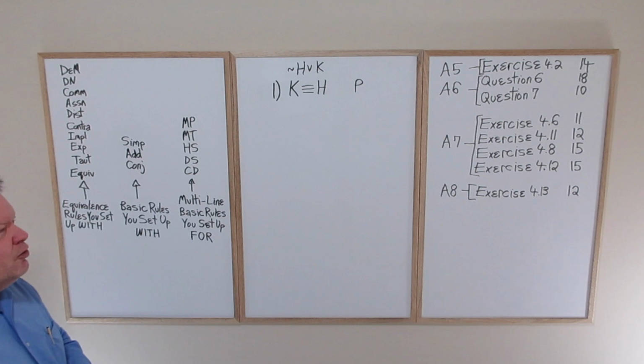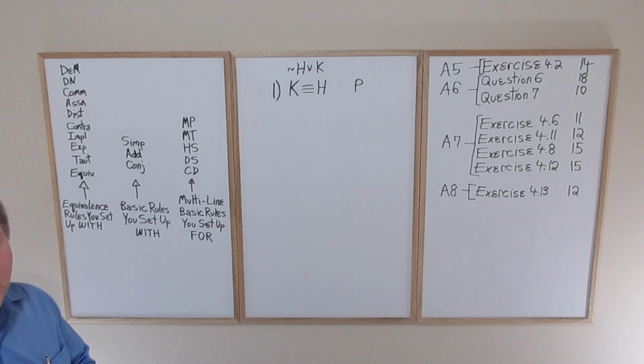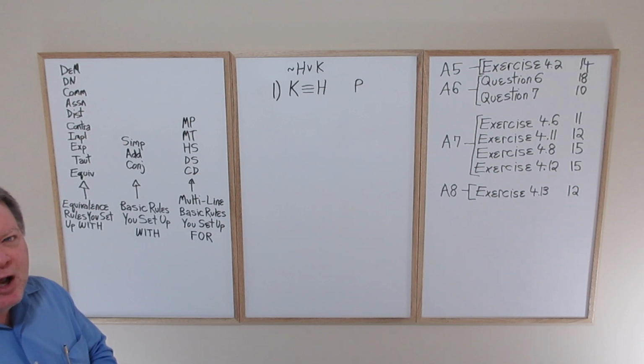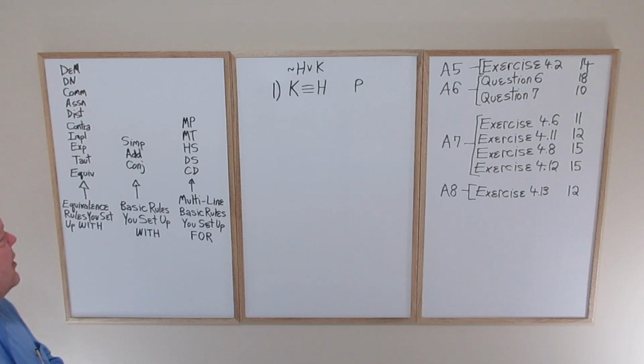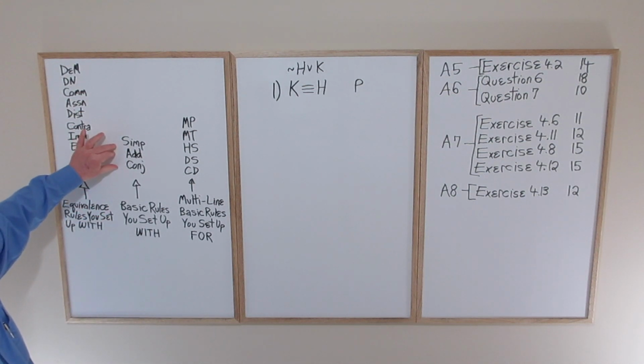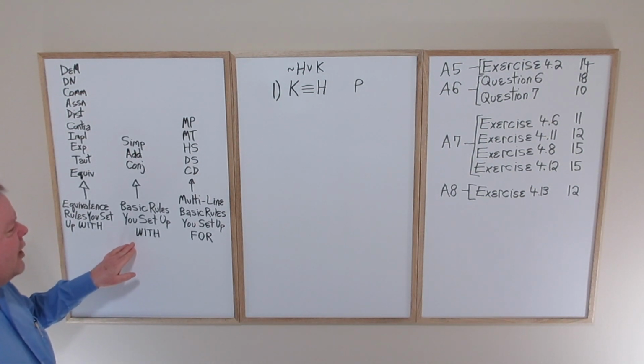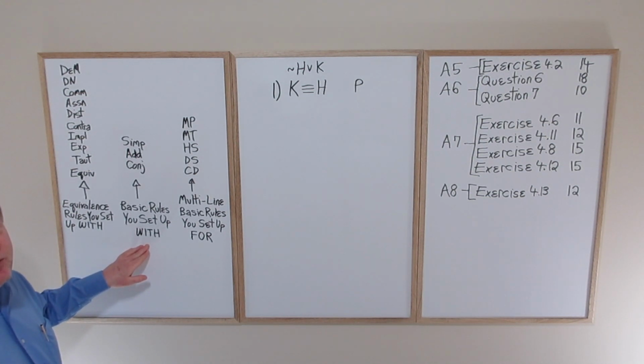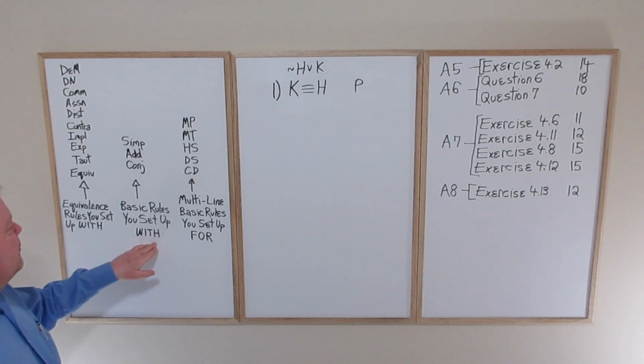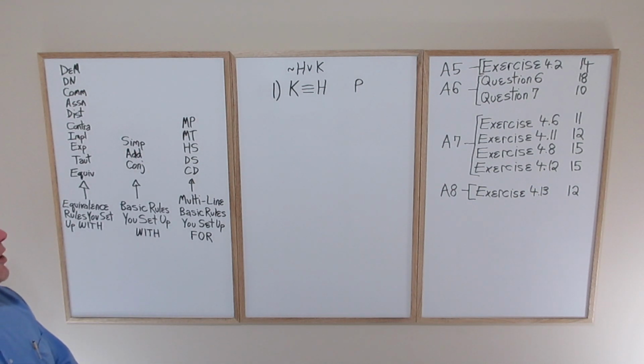What these rules do is they use information from more than one line in order to infer new information. Simplification, addition, and conjunction, in a very limited range of cases, can also be used to infer information, but by and large, they're the basic rules you set up with.